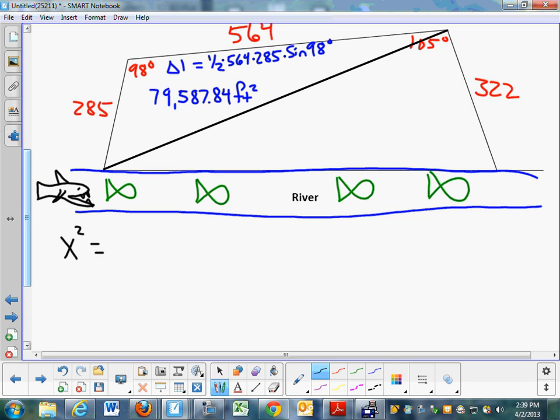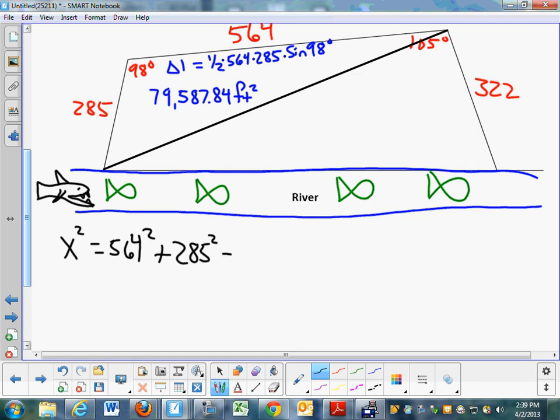Now you guys, this is where everybody falls apart. Everybody says, well, I want to label everything A, B, and C now. Well, I'm not going to do that. I'm going to use just what the formula says. I take these two sides squared, so 564 squared, plus this side, 285 squared.